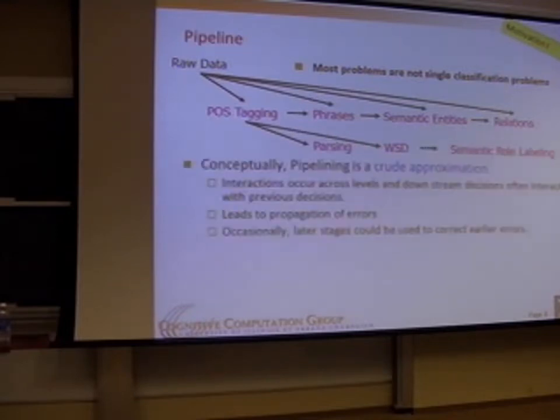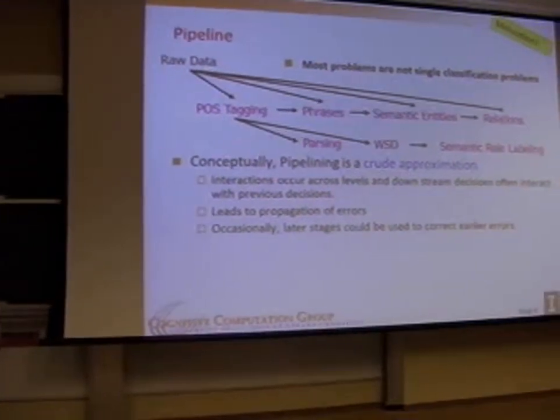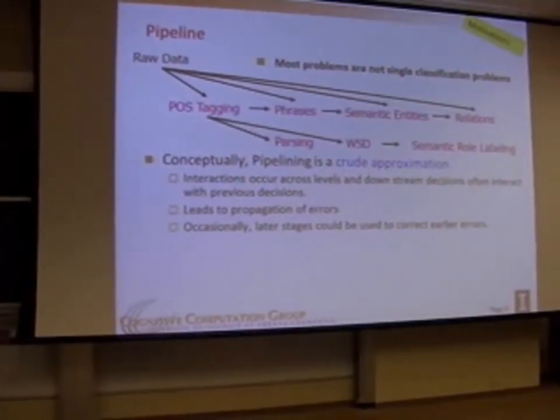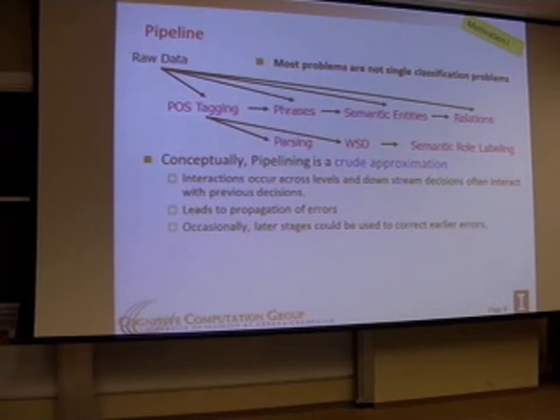So clearly, pipelining is really a crude approximation for what we want to achieve. It's completely clear that it leads to propagation of errors. It's because occasionally, or in many cases, decisions that we make downstream may be easier and could be used to correct earlier decisions that we've made.